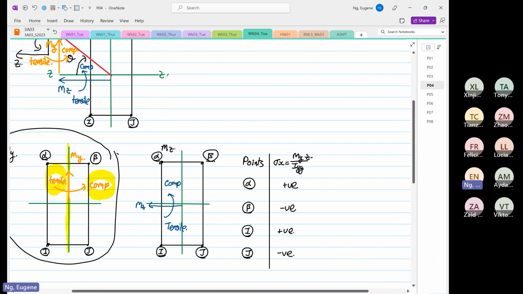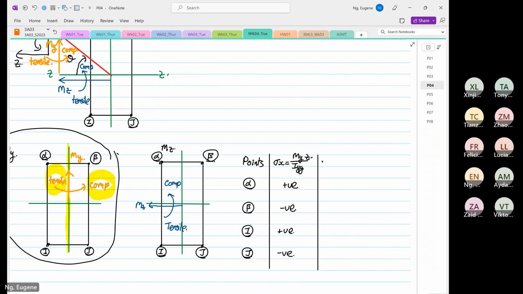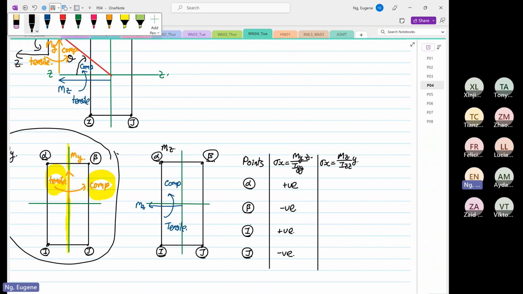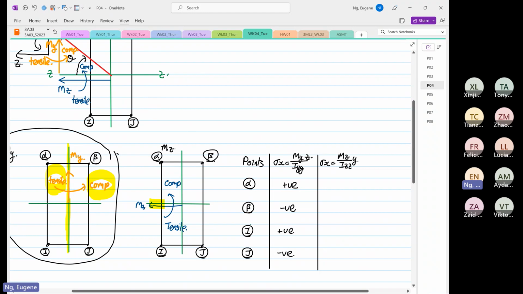Next we are going to look at stresses caused by the moment about the z-axis. The next one is stress X is equal to Mz over Izz multiplied by y. The axis that the moment is acting on is the z-axis.